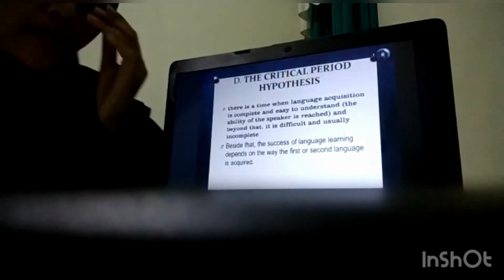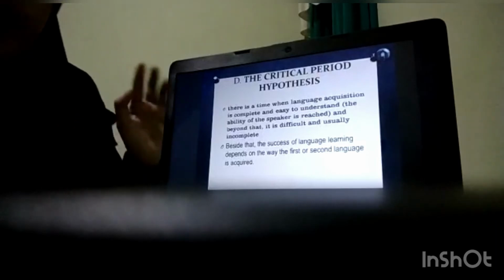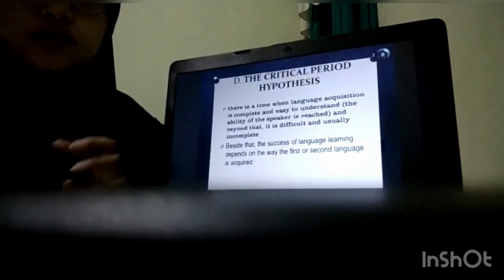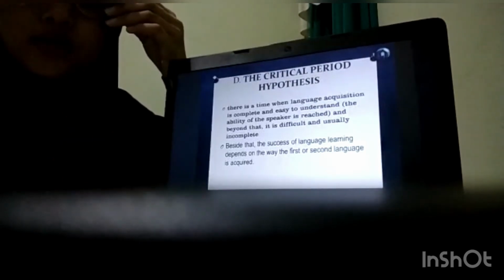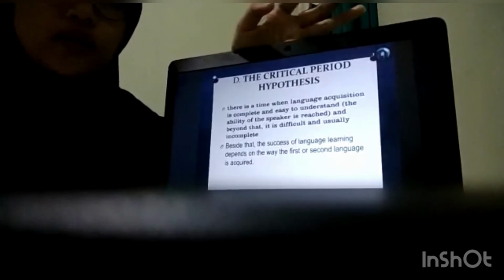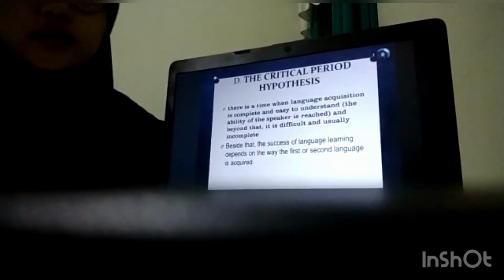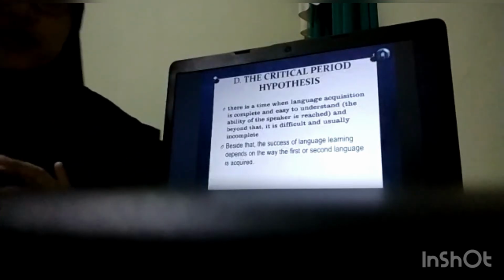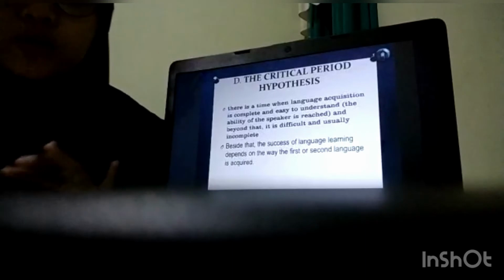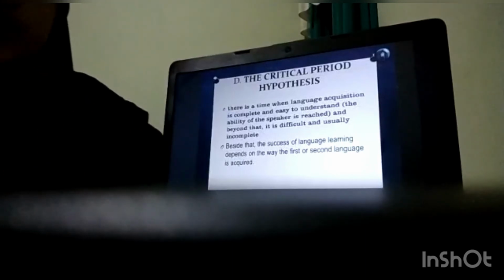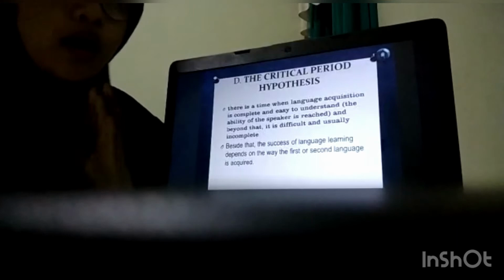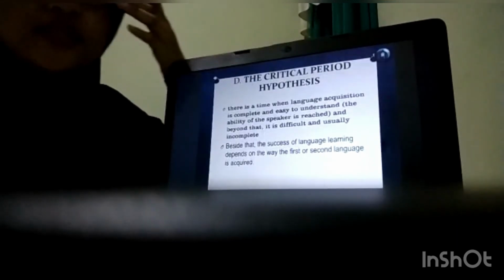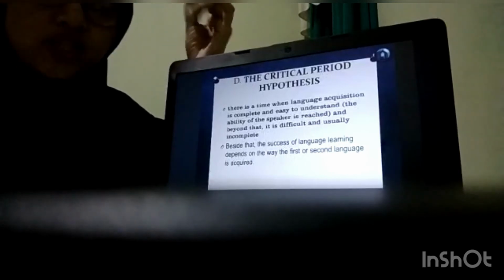The critical period hypothesis says that the success of language learning depends on the way the first or second language is acquired. It means that if language acquisition does not occur before puberty, several aspects of language can be learned but cannot be fully achieved.